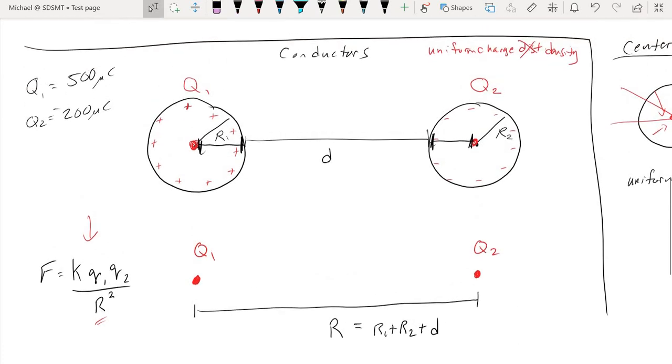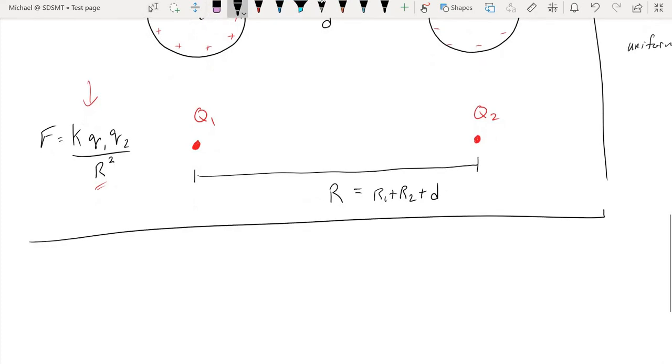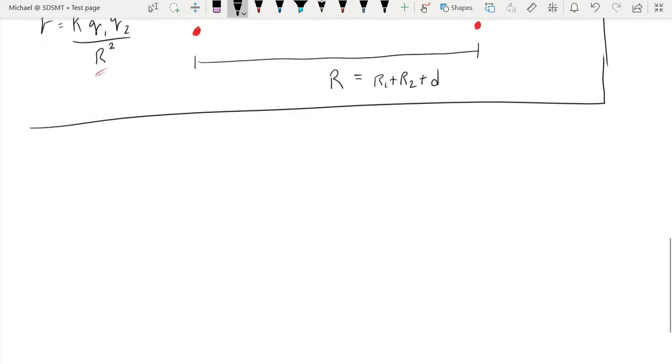So we can treat uniformly charged spheres like point charges. There's really no fancy math that is required.